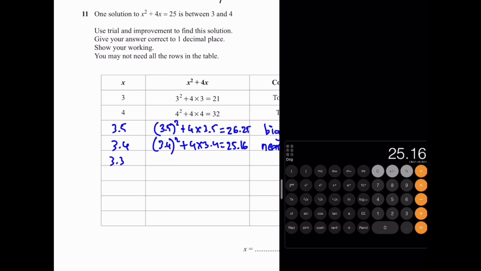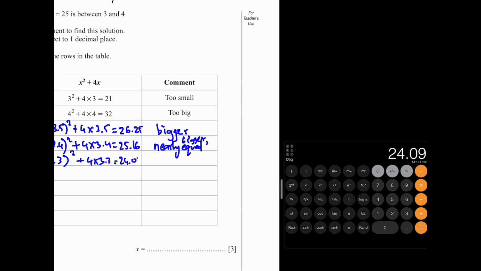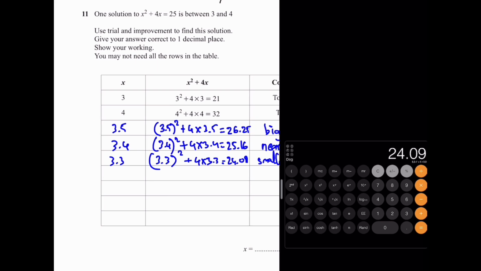So let's try 3.3. 3.3 the whole squared plus 4 into 3.3 is equal to 24.09. Smaller. But then 25.16 is nearer to 25 than 24.09. And therefore, the answer, x equals 3.4.